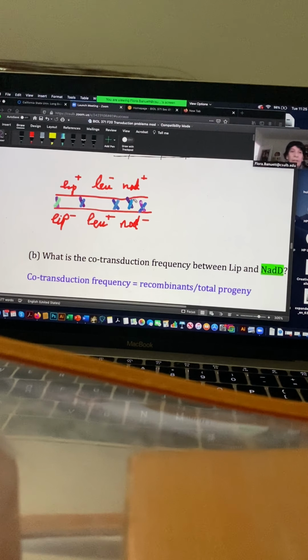That's incorrect. Anybody that does that gets points off. So if we have this situation, then we will have lip plus, lu plus, nad plus. So all of them will be plus.